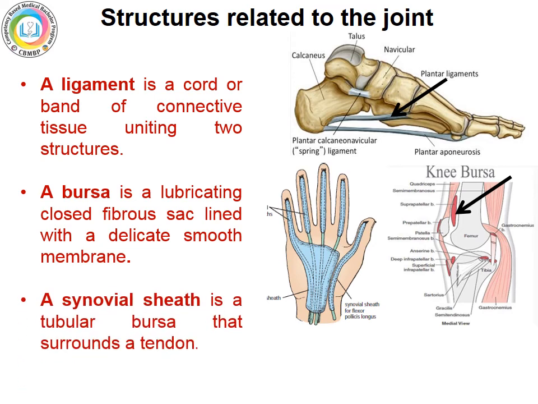Number three, synovial sheath is a tubular bursa which surrounds the tendon of a muscle. These are structures usually present in the joints: ligament, bursa, and synovial sheath. Now we finish our lecture.